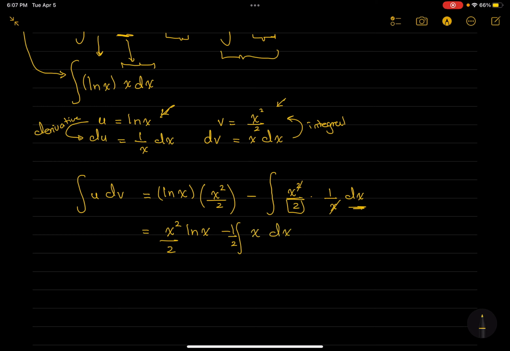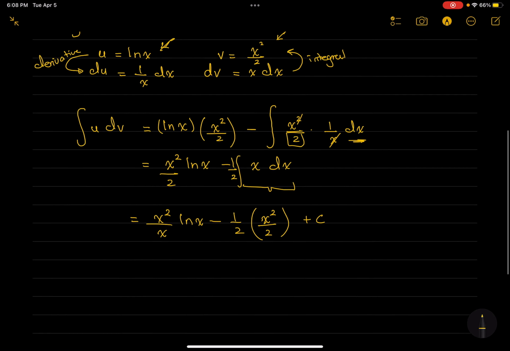Now this is the benefit of using integration by parts. Instead of finding the integral of what we had at the beginning, which is x ln x, all I have to do now is find the integral of x, which we did previously, and it is x squared over 2. Okay, and that is plus c, right?